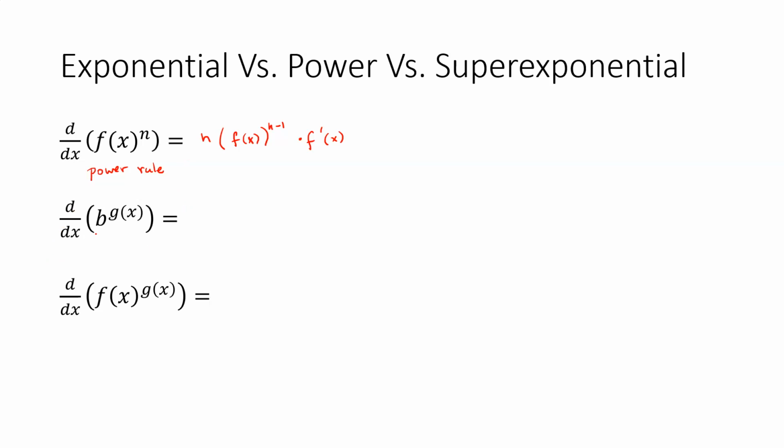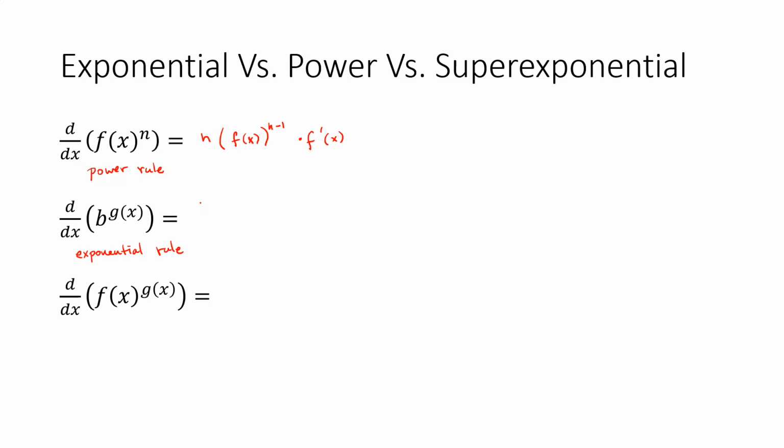So that one we had to use the power rule. Suppose now I have something of the form b to the power of g of x, where now I have some function of x in the power. So this is actually going to be an exponential function, so we're going to use the exponential rule. So we've got b to the power of g of x.